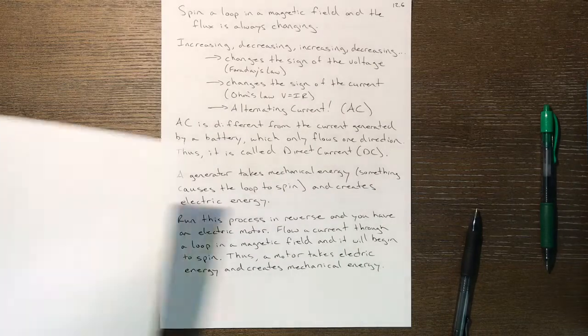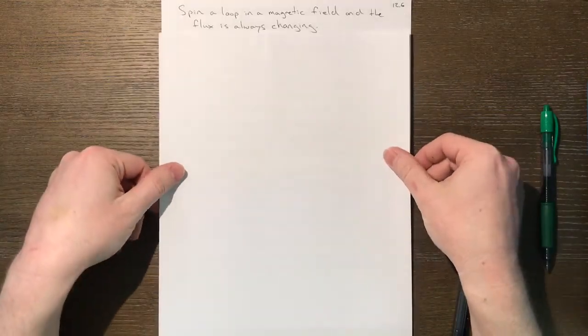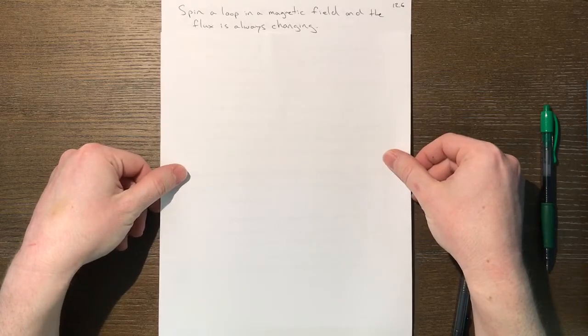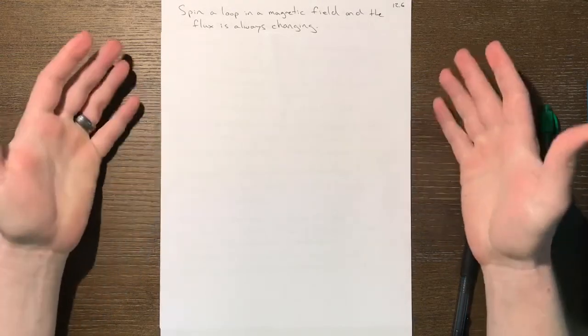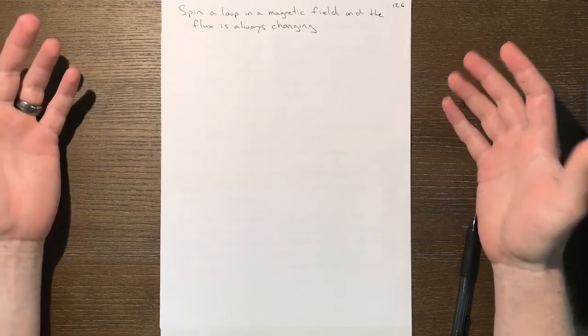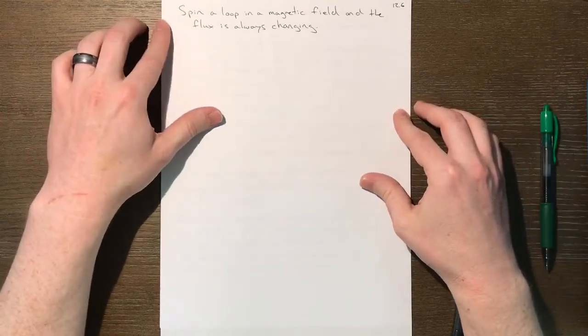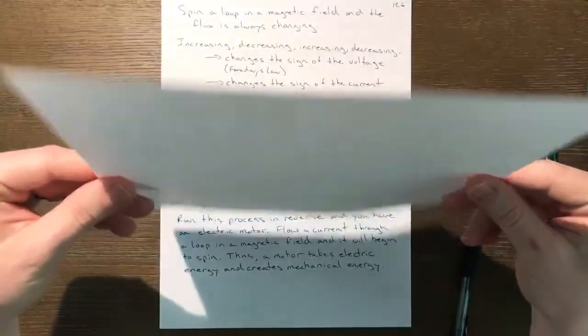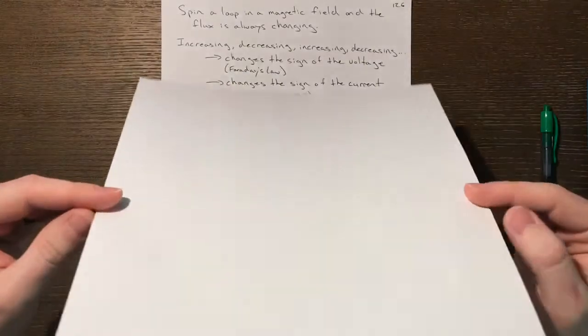Well, imagine we do that. If you have a loop in a magnetic field and it's spinning, the flux is always changing. And what did we say Faraday's law tells us? If you have a change in flux, you get a voltage. So, imagine you've got your wire loop, or a paper loop in this case, and I spin it. That area is constantly changing, which means the flux is constantly changing.